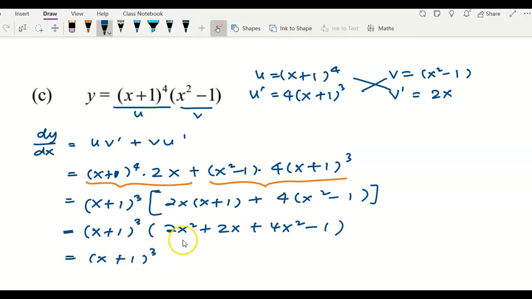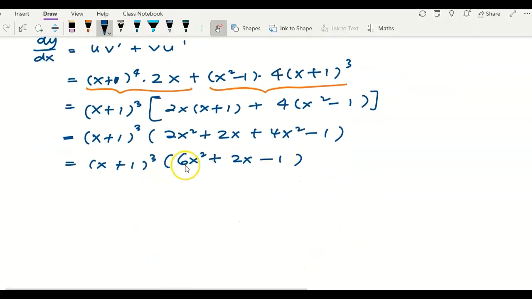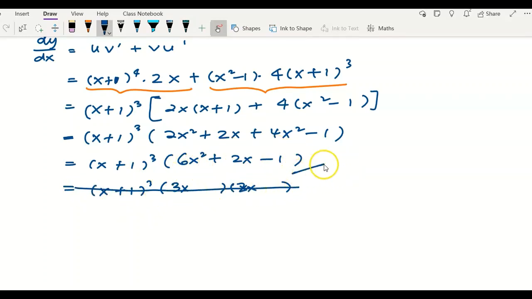You can combine the like terms, which is 2x squared plus 4x squared, you get 6x squared plus 2x minus 1. Okay, so this is a quadratic factor. Check whether this quadratic factor can be factorized. After checking, this quadratic factor cannot be factorized, so this will be the final answer for dy/dx.